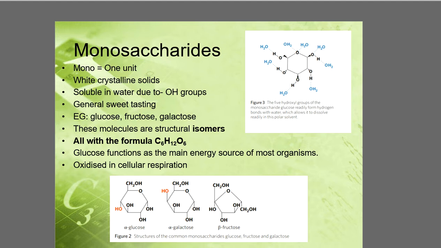So we're going to look at their structures, but you don't really have to remember much of these. I'll go through what's in the data book, but you can see some structures here on this slide.